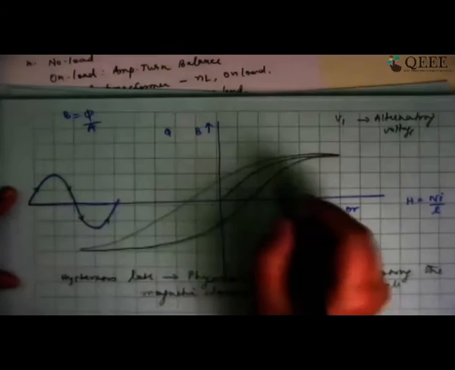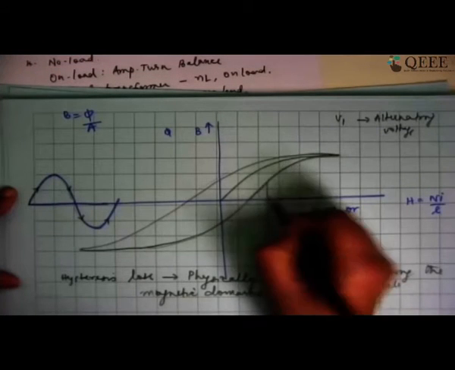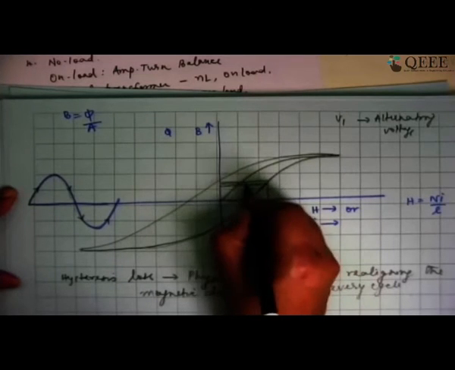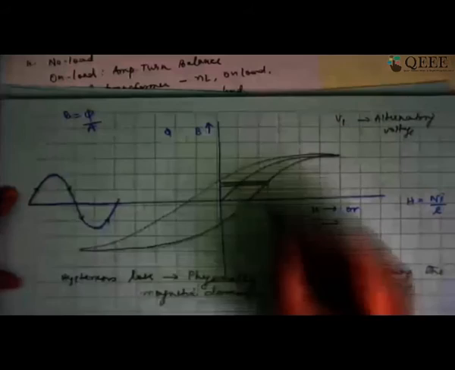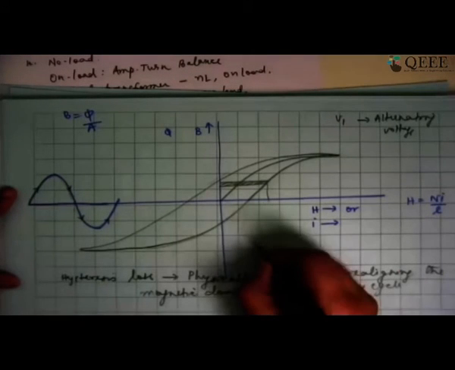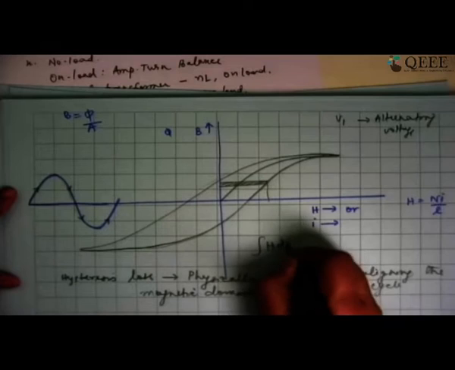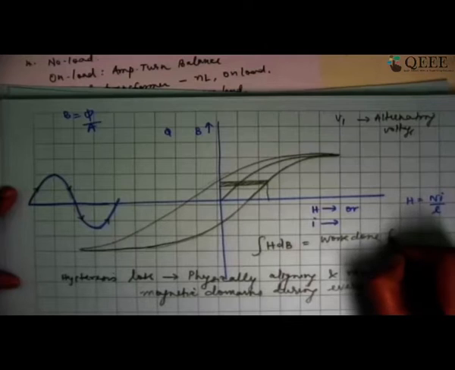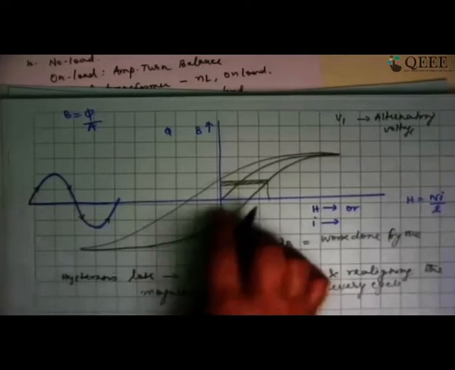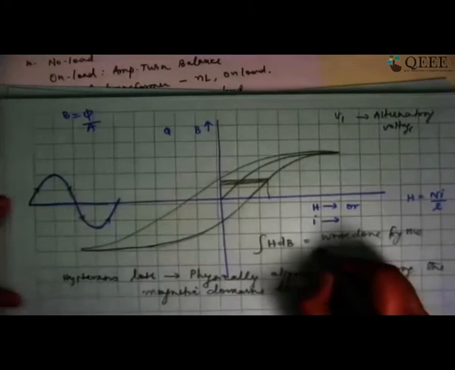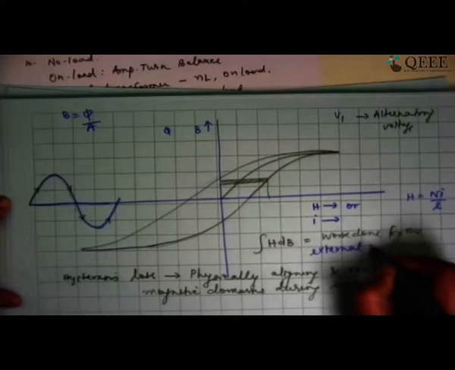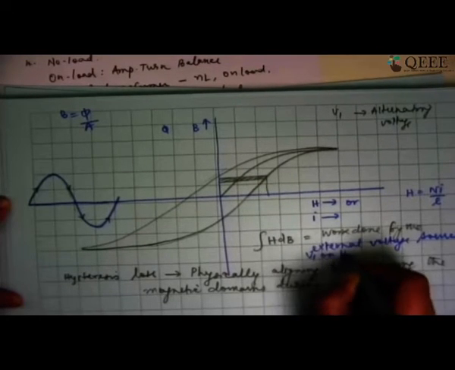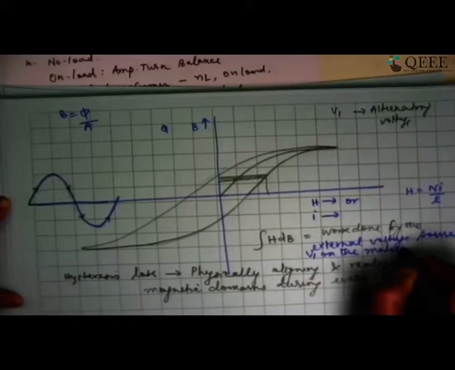Right? Now, if I try to look at a particular value of current, there may be a small variation in the flux density. So I am essentially looking at the integral of H dB as the work done by the external voltage source V1 on the magnetic domain, or on the ferromagnetic material.